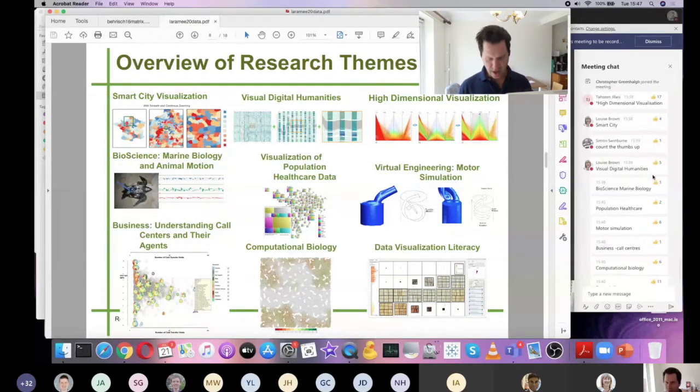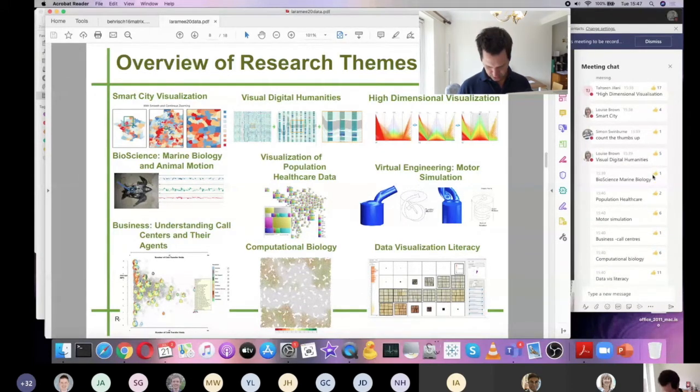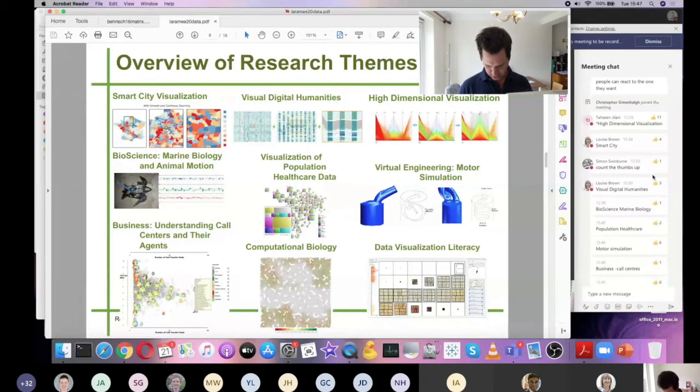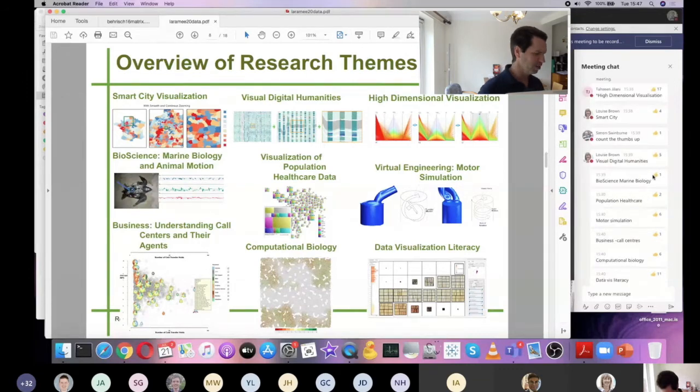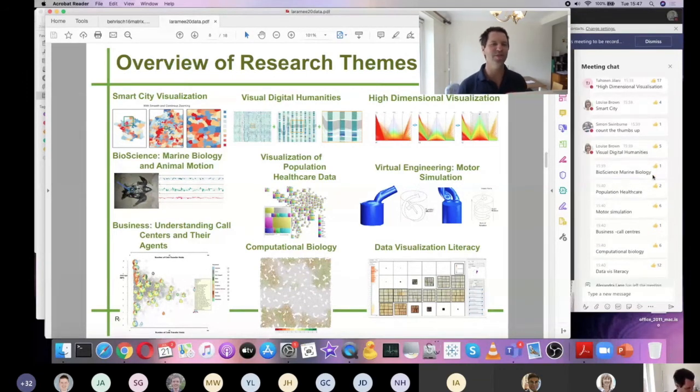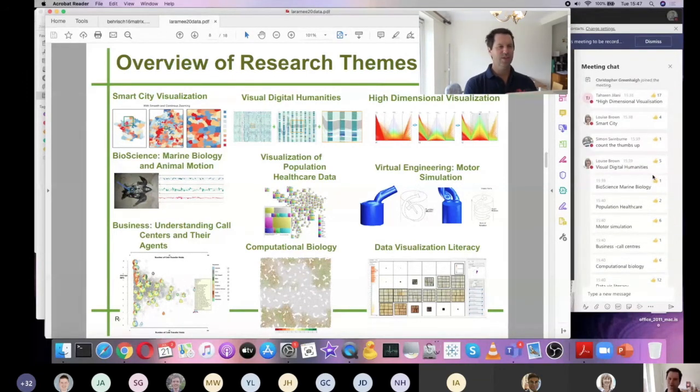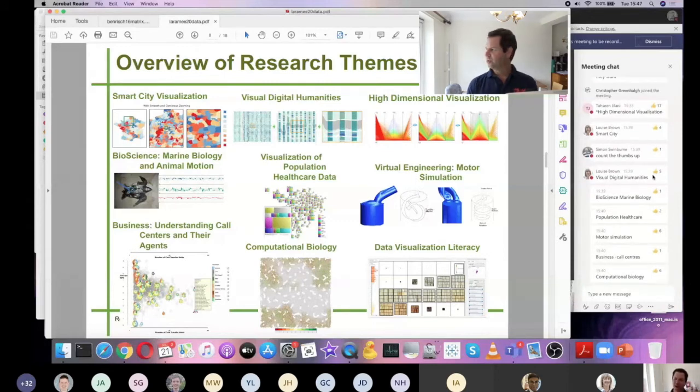I must say I'm a little bit surprised that the high dimensional viz got the most votes. I don't mind, it's absolutely fine. I'm trying to remember, this might be the first time that high dimensional viz got the most votes in the first round of voting.